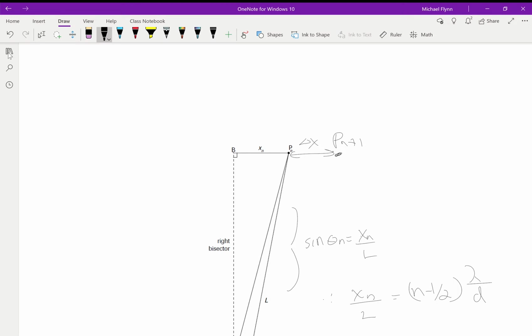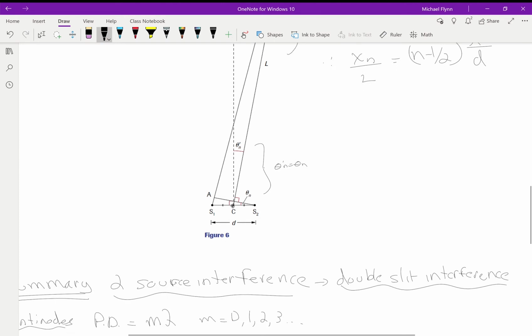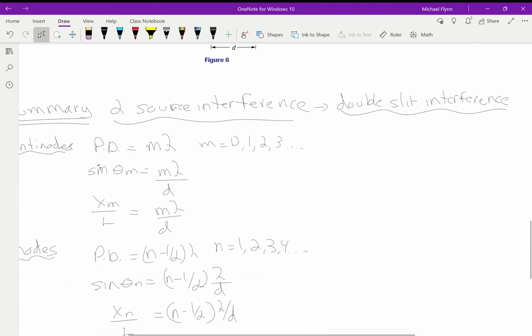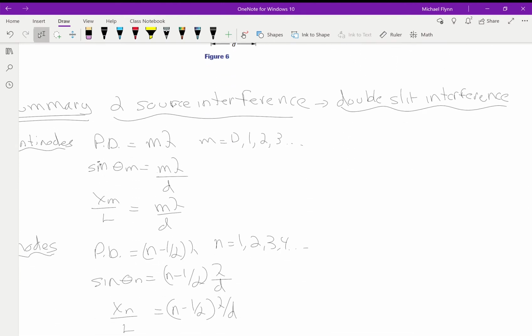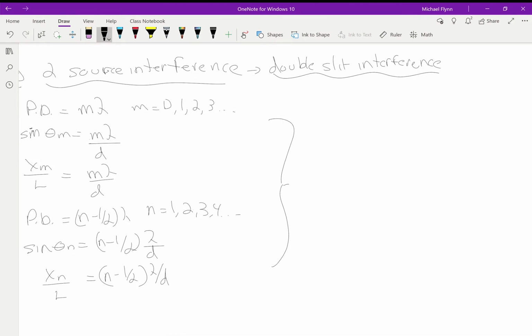There'll be another node over here, with another delta x. They're all about the same distance apart for double slit interference, and regardless of whether it's nodes or antinodes, the spacing will equal L lambda over d.